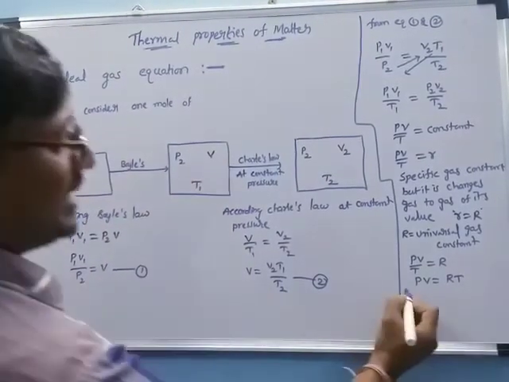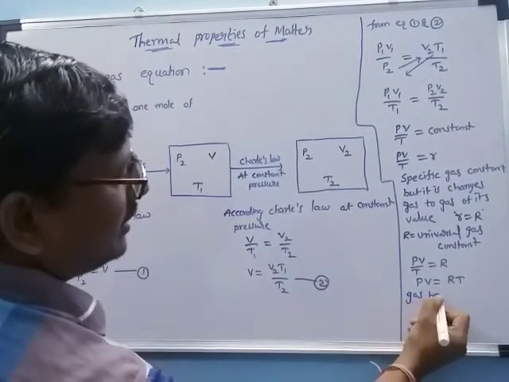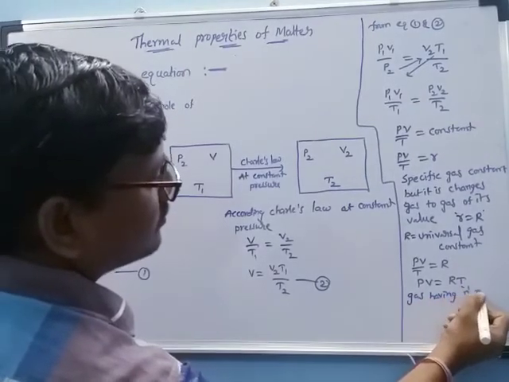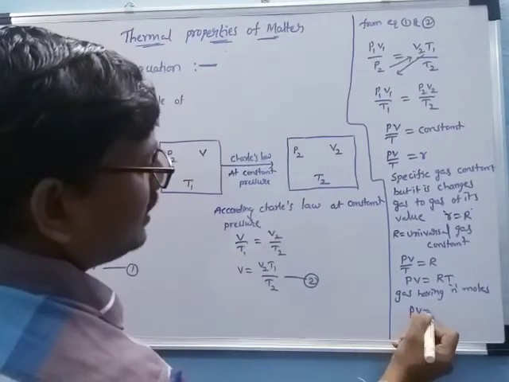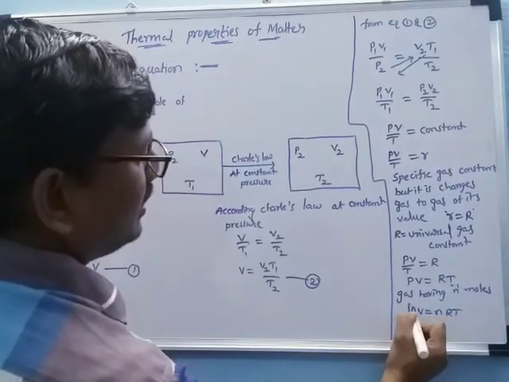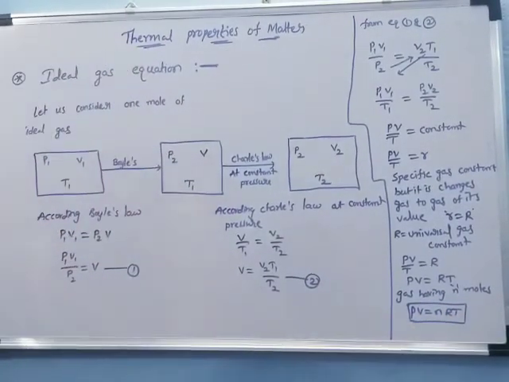For a gas having n moles, we can write PV is equal to nRT.